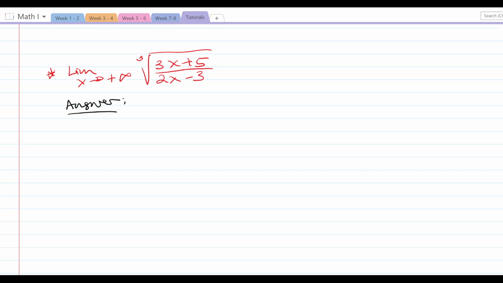So in this case, to solve the problem without using L'Hopital's rule, we will need to divide by the highest common variable. So in this case, the highest variable is only x to the power of 1.